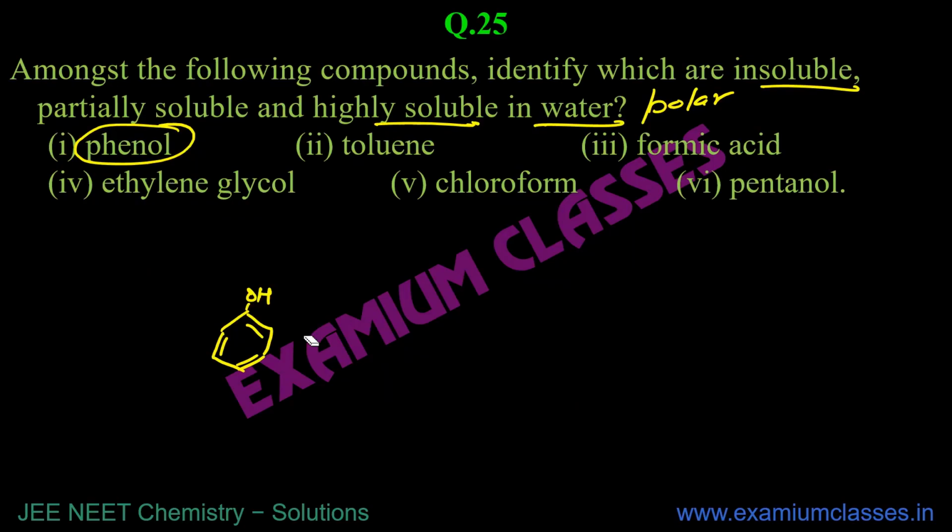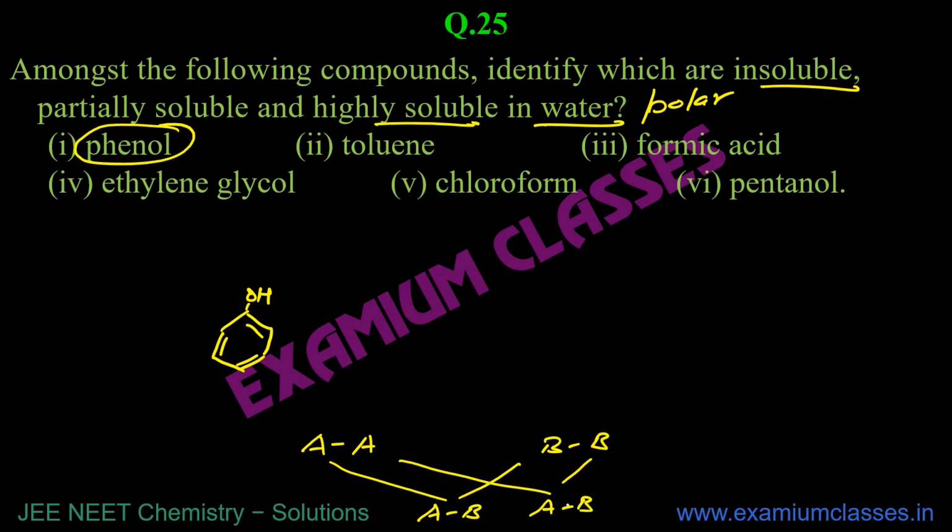Think that if you have AA interactions, BB interactions, the solubility will be when the interactions between A and B are greater.